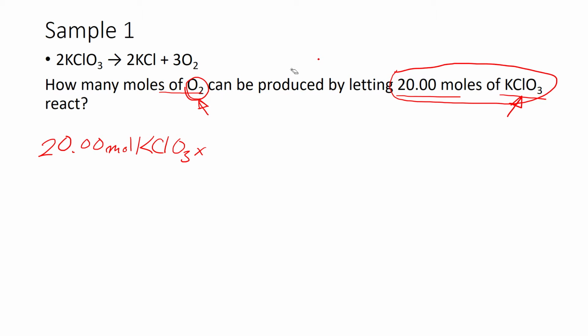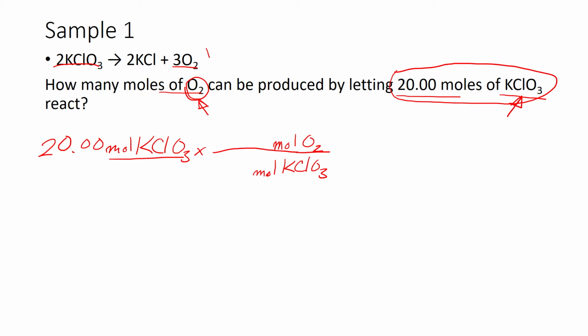Let me show you. For every 2 potassium chlorates, there are 3 oxygens. So, to get out of moles of potassium chlorate, let's put moles of potassium chlorate on the bottom, and then let's put oxygen on top. We want to go to moles of oxygen.